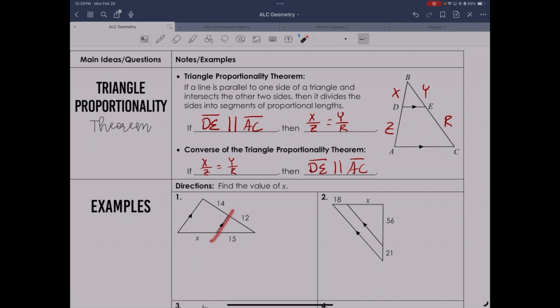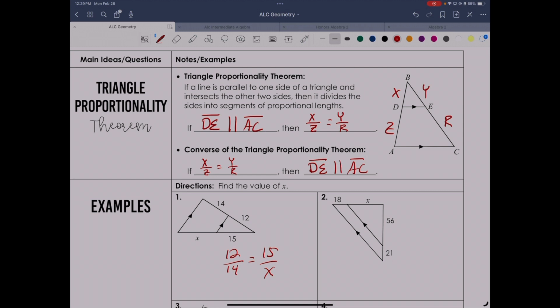And if you rotate it, I can put a line right here, and then I can put the proportion together: 12 over 14 is equal to 15 over x. So this over this equals this over this.